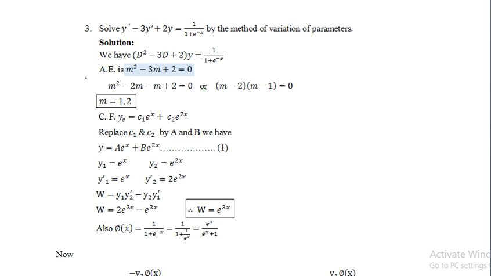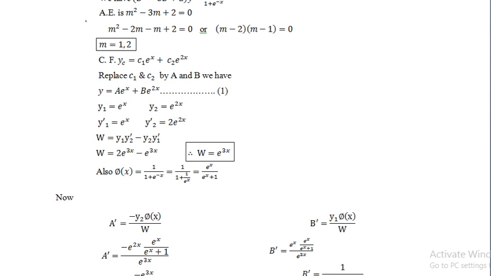So after factorizing we get m minus 2, m minus 1, or m is equal to 1 and 2. So both the roots are different. So its complementary function is c1 e to the power x plus c2 e to the power 2x.